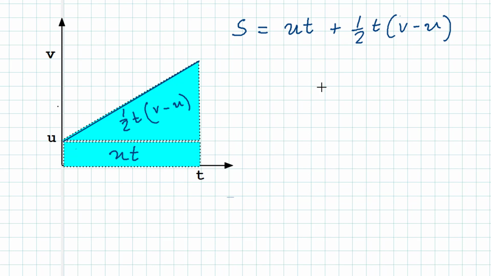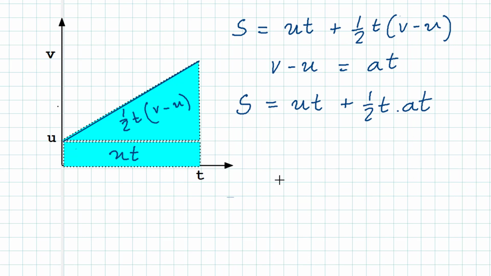And we can do that because we know from a previous experience that v minus u is equal to the acceleration times the time. So we can swap over and have displacement s equals ut plus 1/2 t times at. And we can make that a little bit simpler by saying displacement s equals ut plus 1/2 t times t is t squared, and the a, so 1/2 at squared.